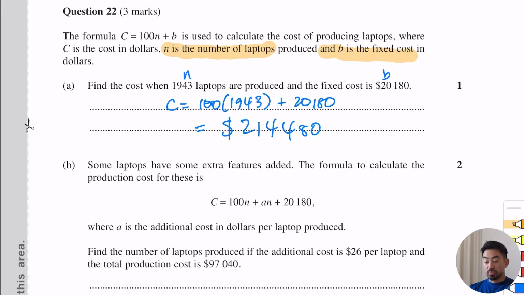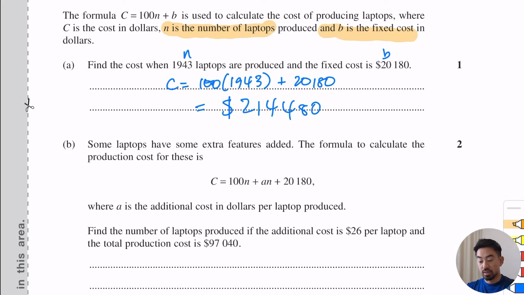Question B, some laptops have extra added features. The formula to calculate the production cost for this is, so they've given us another equation, C is equal to 100N plus AN plus 20180, where A is the additional cost in dollars per laptop produced. Find the number of laptops produced if the additional cost is $26 per laptop, and the total production cost is $97,040.